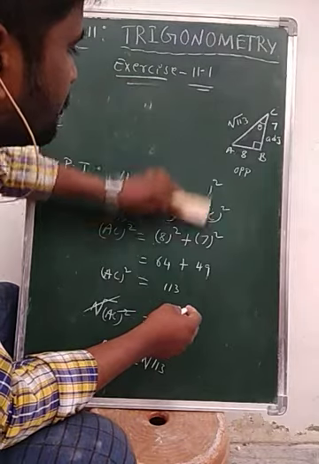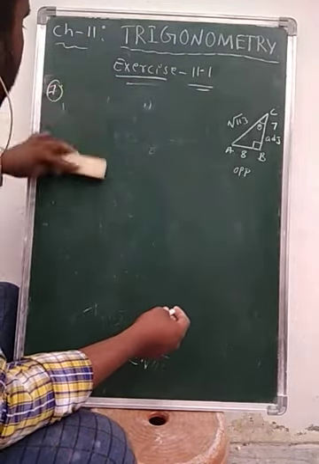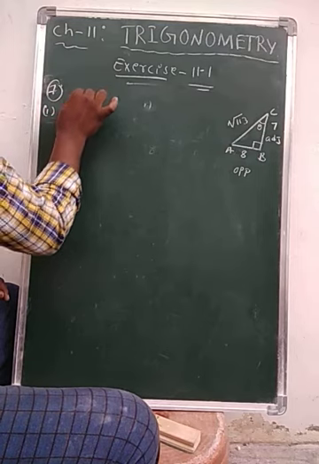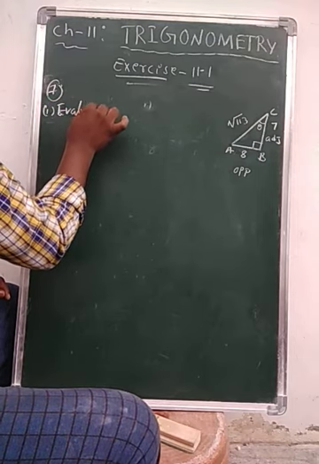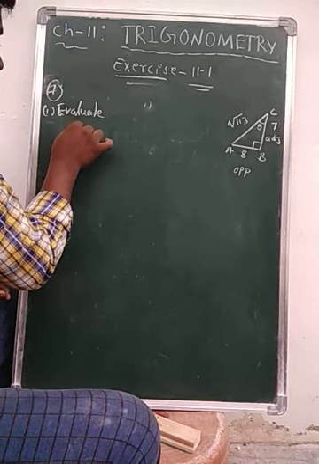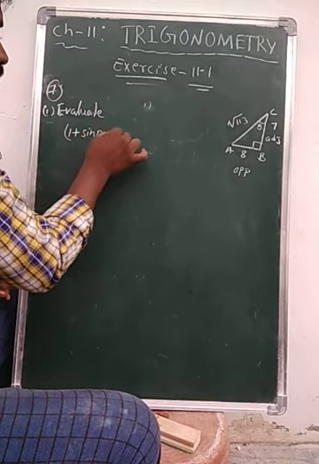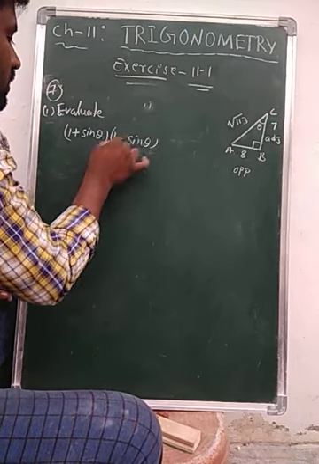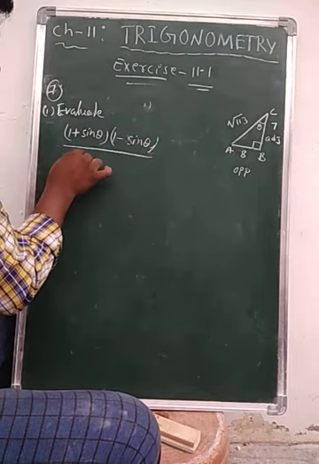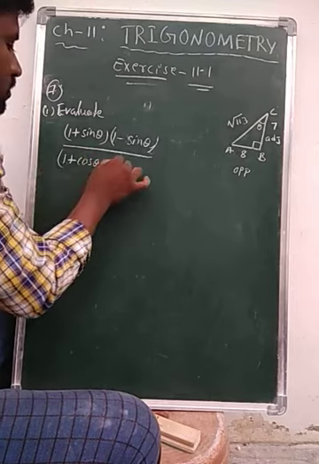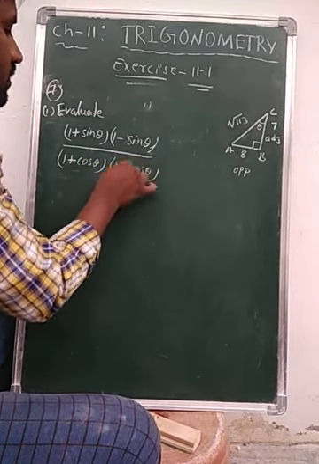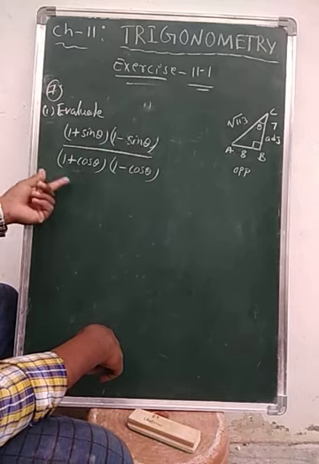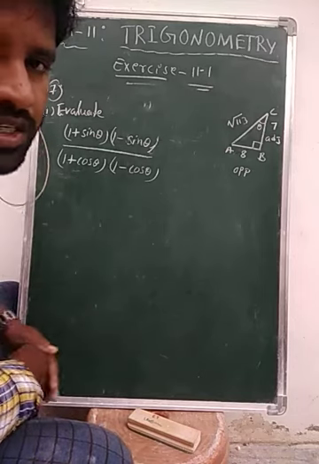Now the question is given, evaluate, in the seventh question's first part: 1 plus sin theta into 1 minus sin theta by 1 plus cos theta into 1 minus cos theta.